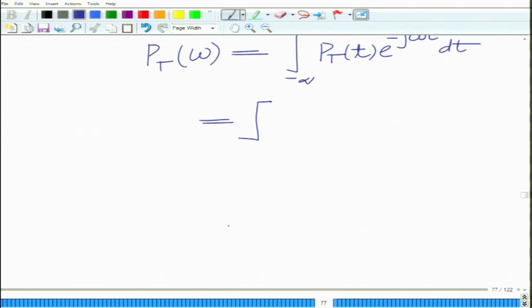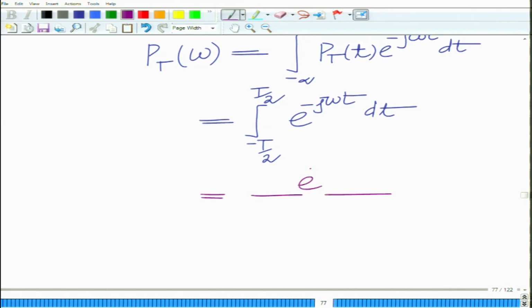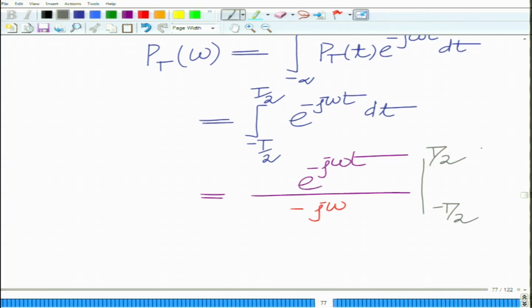So, this becomes the integral from minus T by 2 to T by 2, where the pulse is 1 in this range, so it is simply e raised to minus j omega t dt, and taking the integral, this will be e raised to minus j omega t divided by minus j omega between the limits minus T by 2 to T by 2.